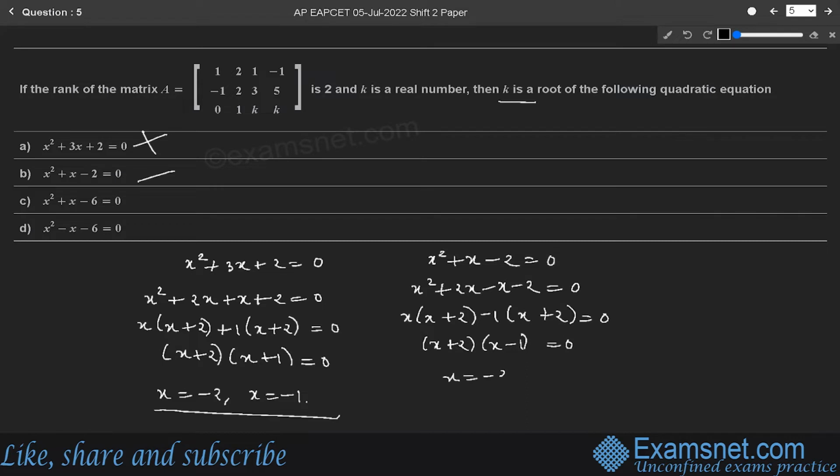Therefore, x is equals to minus 2 and x is equal to plus 1. You can see that here in this equation, one value is negative and one value is positive. So this is the correct equation which have k as a root. Therefore, we can say that k is the root of the equation x square plus x minus 2 is equal to 0. So option number B is the correct option for this question.